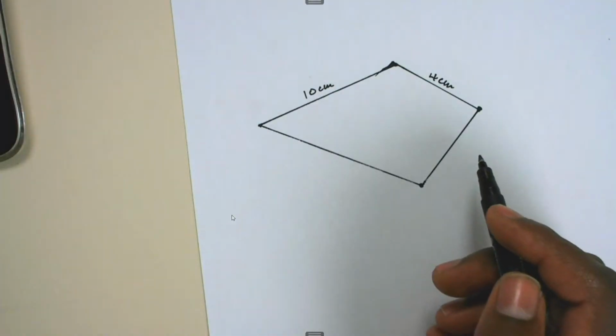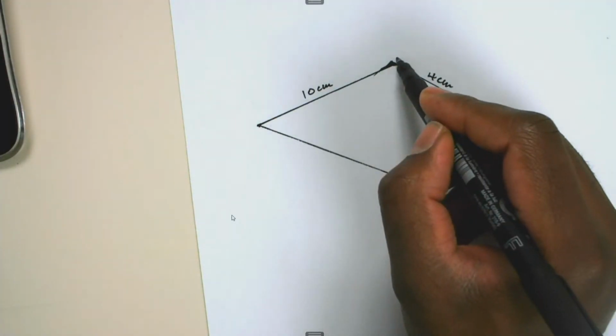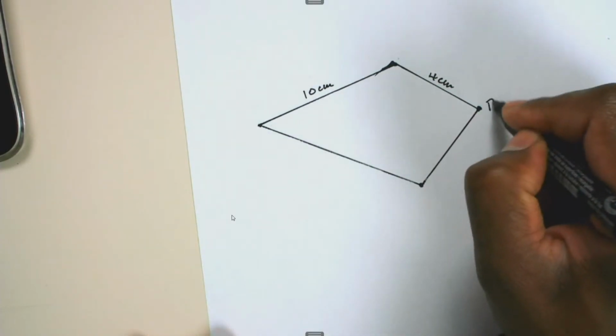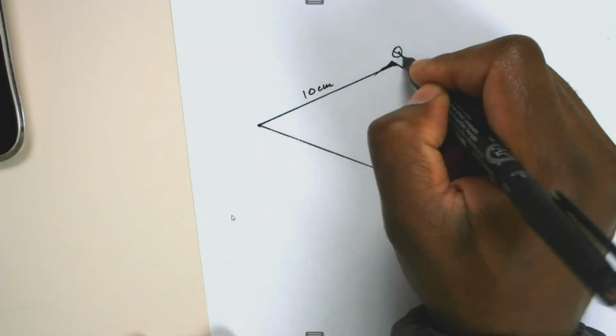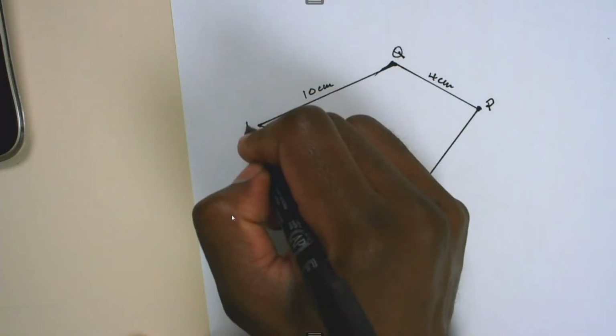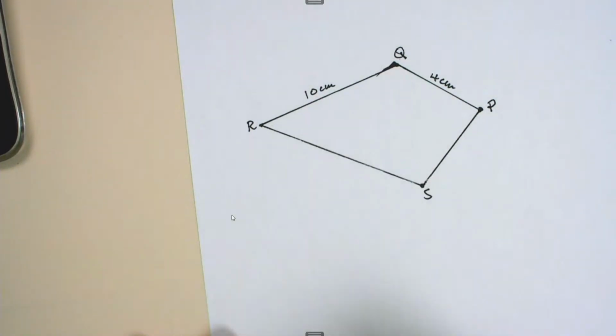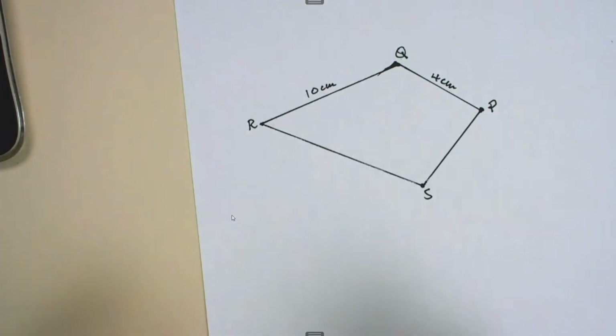If we put P and then Q here, it will be 4 centimeters, which is correct. So PQ, the short side, is 4 centimeters, and QR is 10 centimeters, and S will be here because they did not do anything.